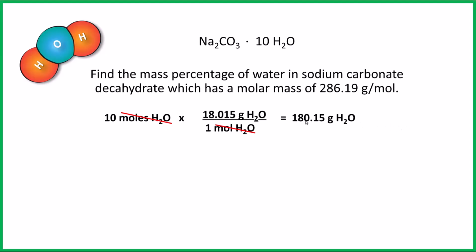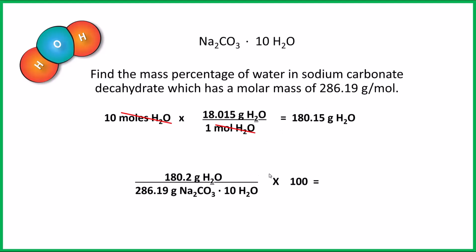And then we're going to take that partial mass and divide by the total mass of the whole substance. So we use 180.2 and divide that by the total molar mass times 100 gives us 62.948% of water in this hydrate.